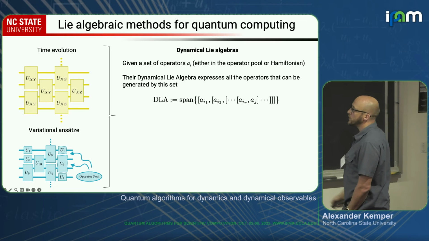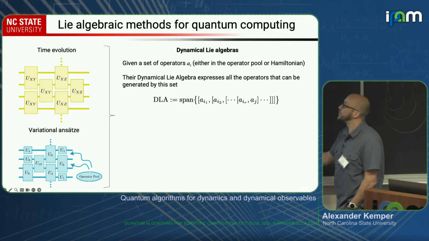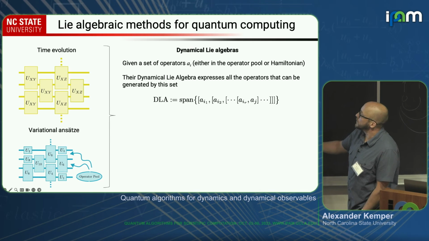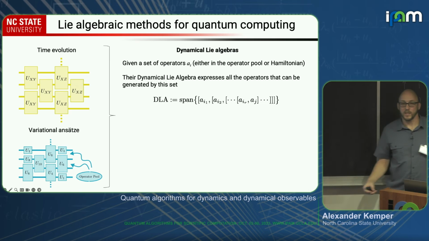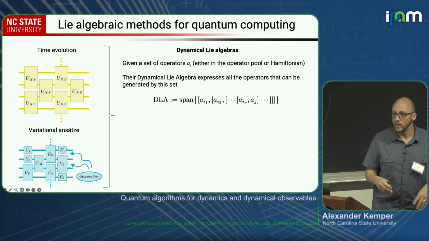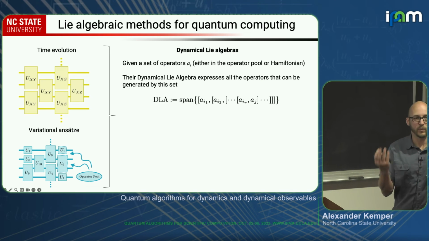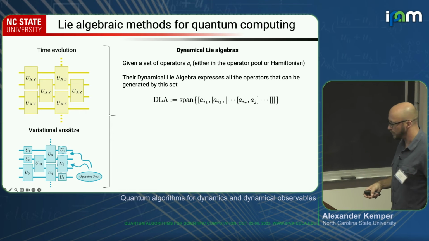Given some set of operators, for example for ADAPT-VQE, where I have some operator pool, or in a Hamiltonian, I can produce the dynamical Lie algebra by taking these operators and calculating their closure under commutation. So I commute them until I'm blue in the face, and then eventually I will not find any more terms, and then I call myself done.